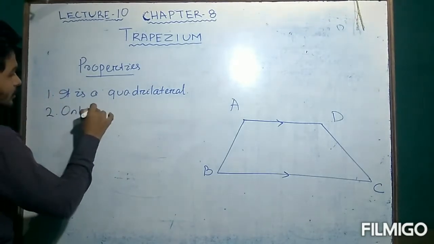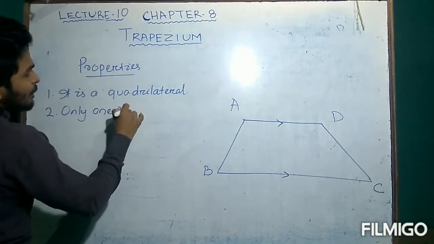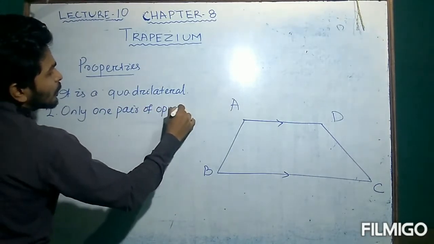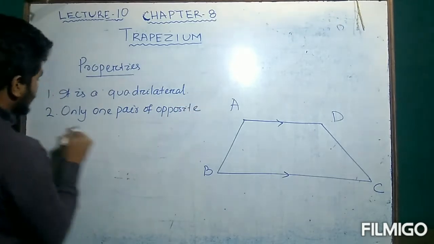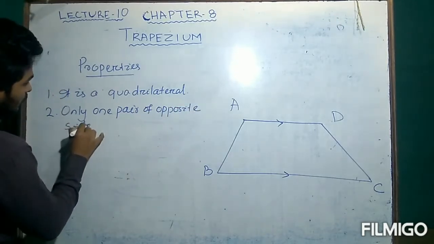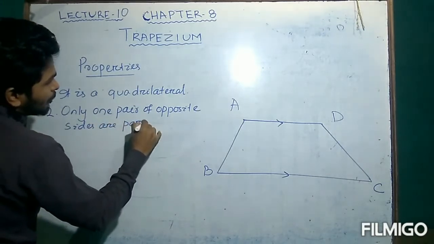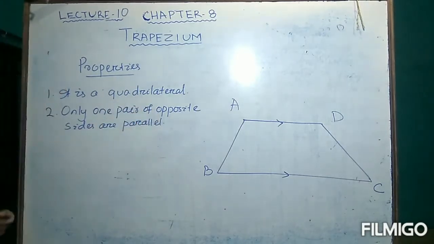So you can write: only one pair of opposite sides are parallel.